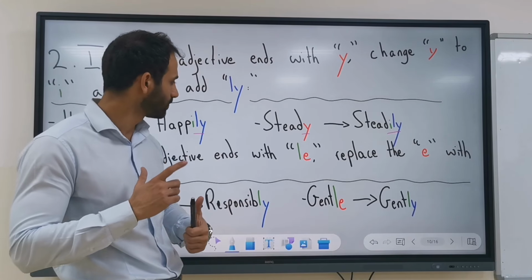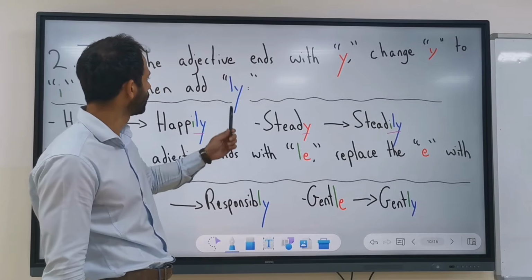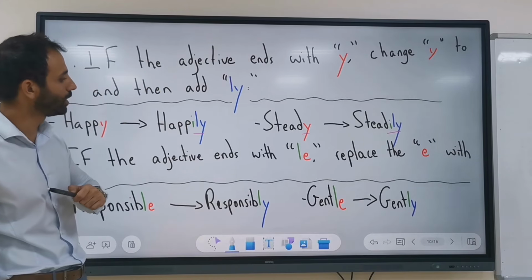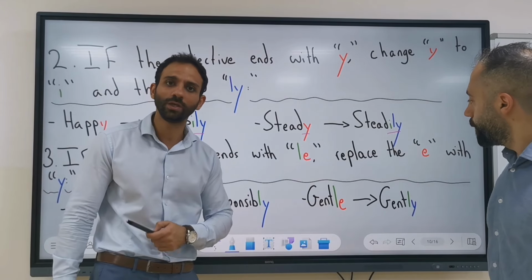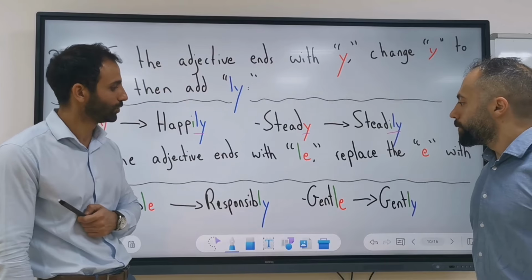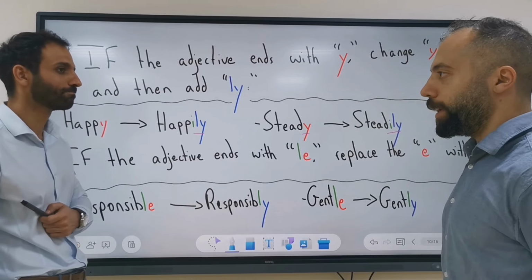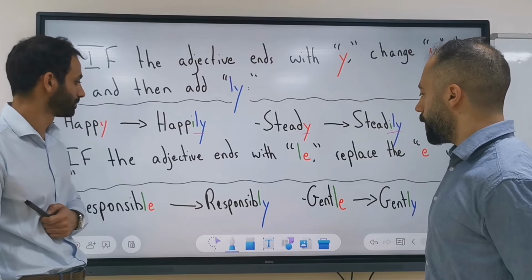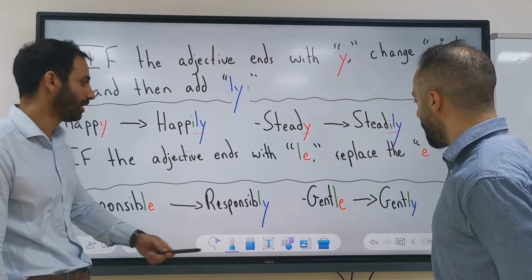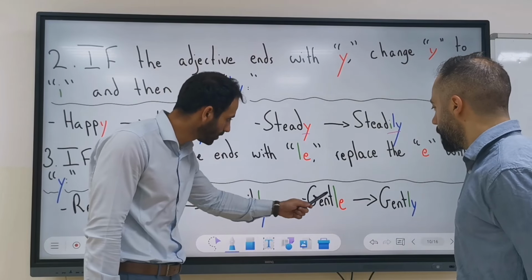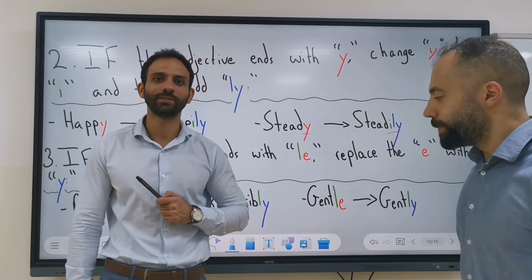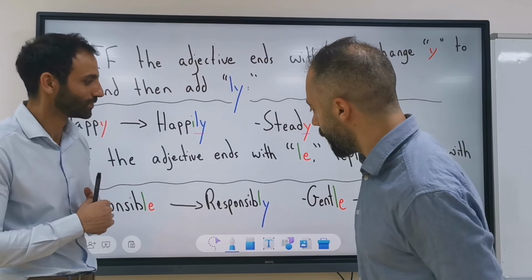Make sense? Very simple rules here, guys, okay? So for y, we remove the y, we put ly, and for le, we drop the e, and we add a y instead. So if the adverb ends with le, I will drop the e entirely. Yes. And I change it to y. The L stays, as you can see. Drop the E and the Y instead of it. So the L stays.